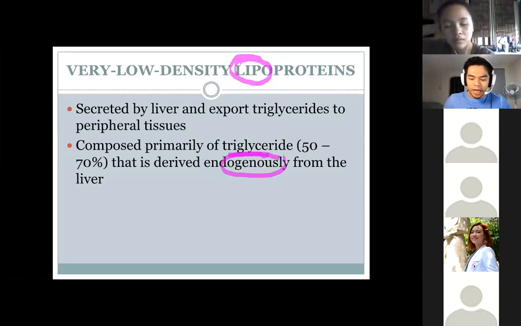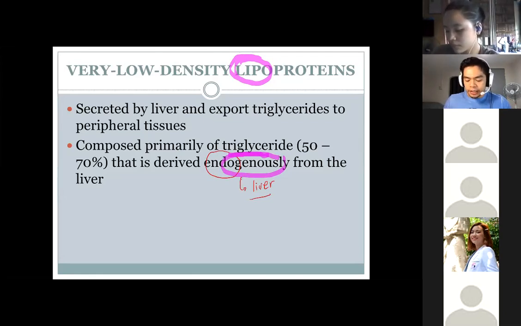composition niya. Now, sa case ng VLDL, the reason why this is called endogenously derived lipoprotein kasi sa loob siya galing. Particularly, these are being synthesized by the liver.